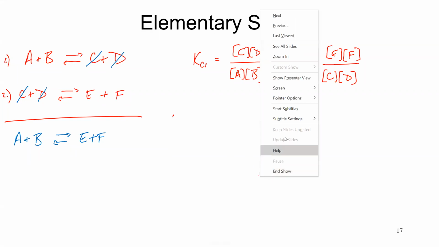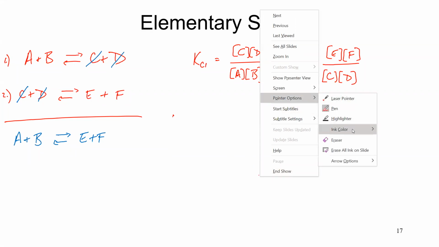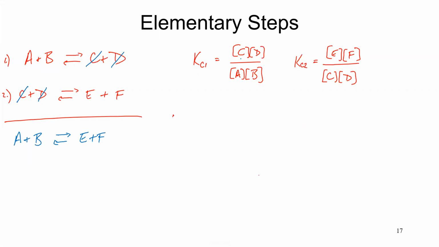Our textbook does use primes, so Kc prime for the first one and Kc double prime for the second one. Either way is fine with me. However you want to do it is A-OK.